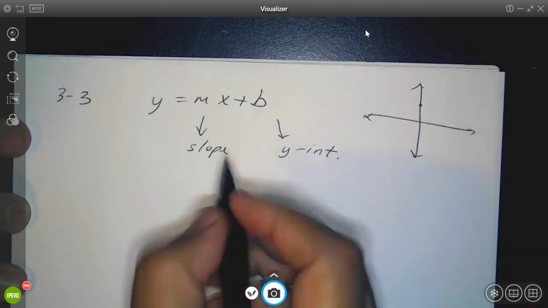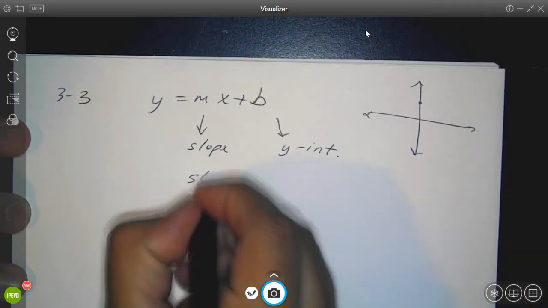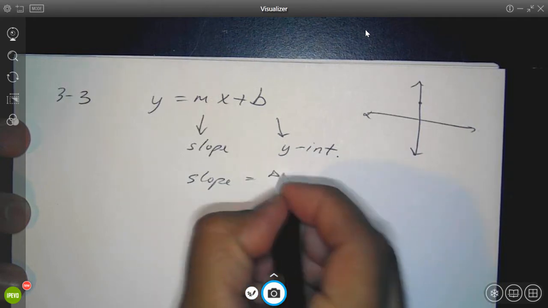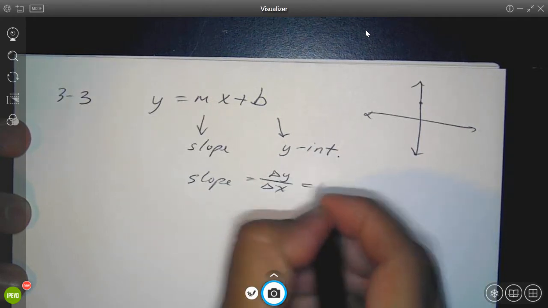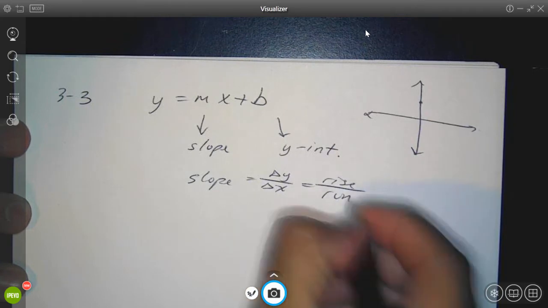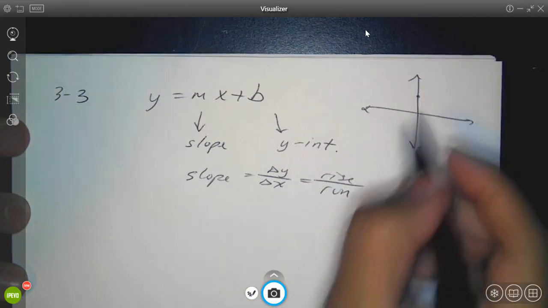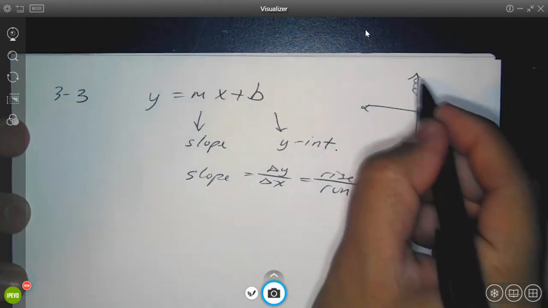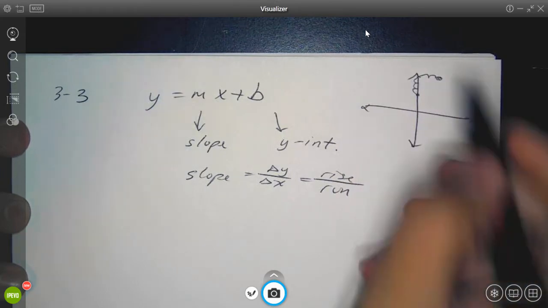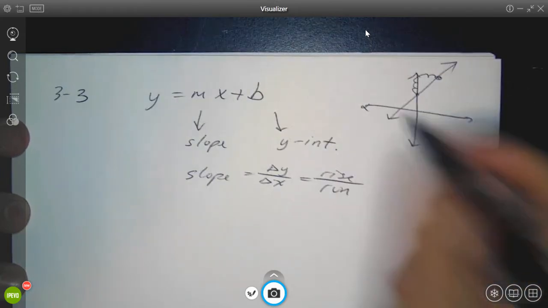Remember, slope is change in y over change in x, or rise over run. So from there you'd be able to use your rise and then your run, you have your new point, and bam, you have our line.